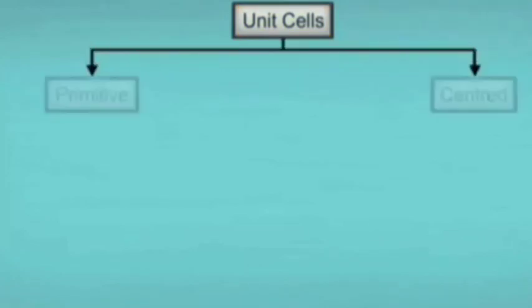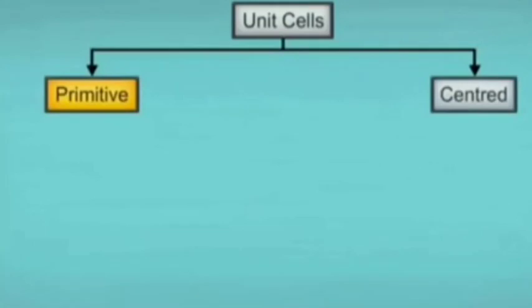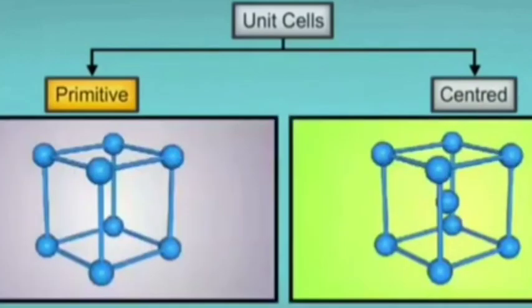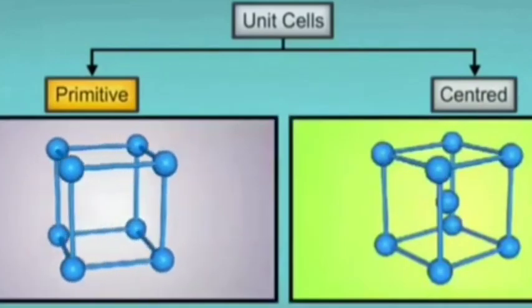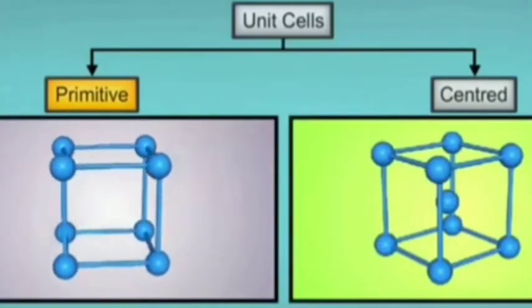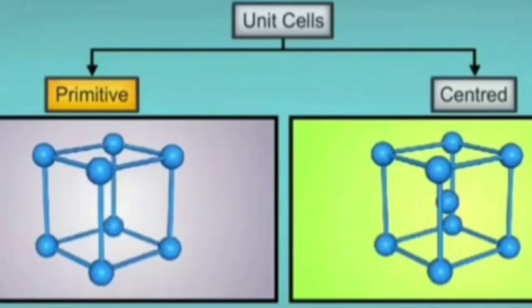Next topic is the classification of unit cells. Unit cells are broadly classified into two types: primitive unit cells and centered unit cells. In primitive unit cells, the constituent particles are present only at the corners. Thus, you can see the particles at the corner positions.